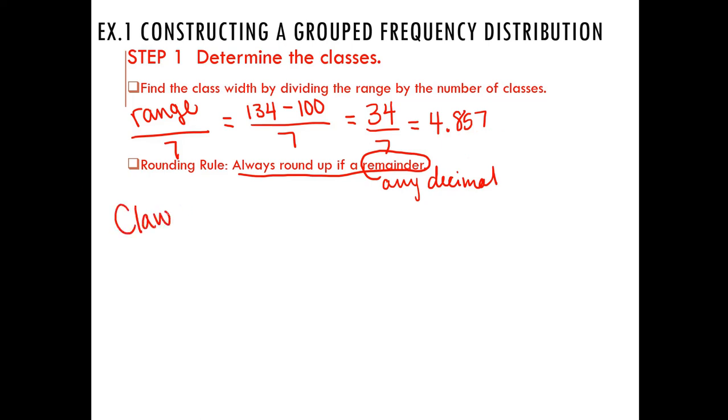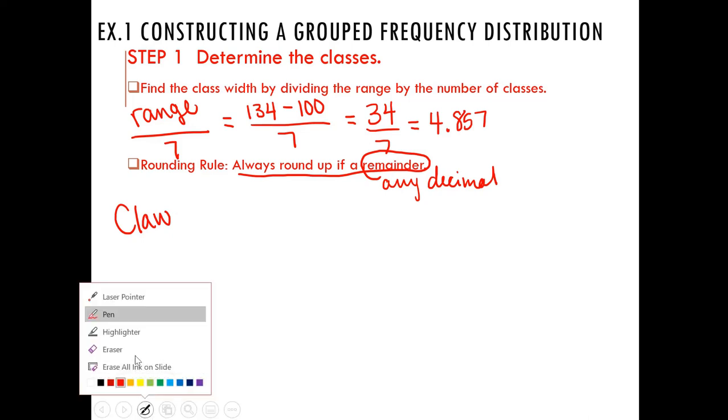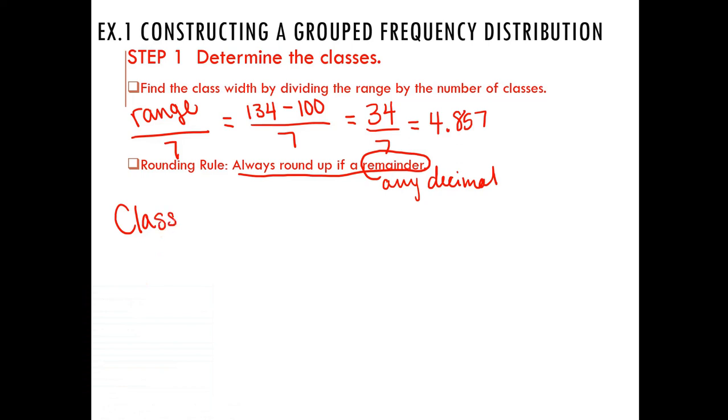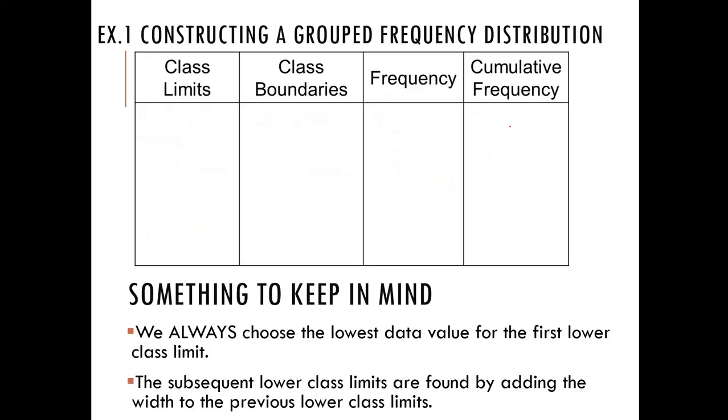So our class width, oops, I meant to put class, sorry. My mind got a little ahead of my pen. Class width will be equal to 5 data points. So we rounded that number up to the nearest whole number because our class width should always be a whole number. We're going to make it 5.